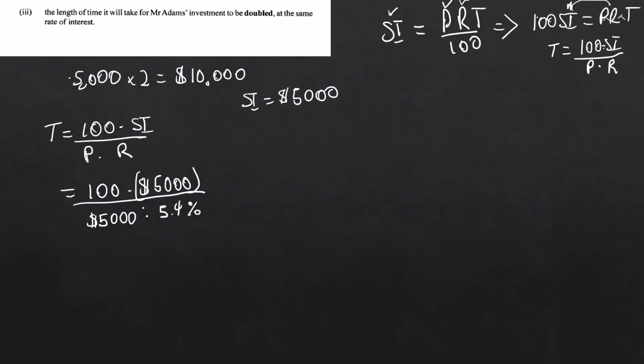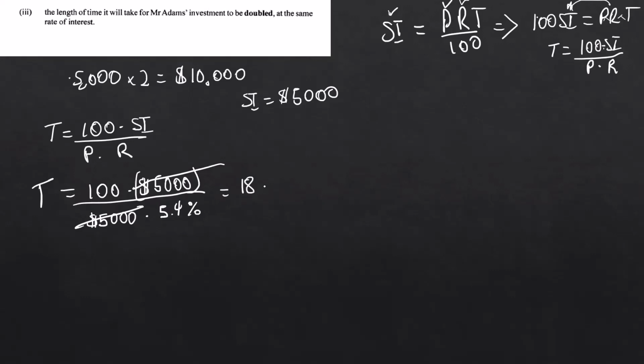So multiplying 5,000 and dividing 5,000, the 5,000 will just go out. That's simple math. And so we could just do the 100 divided by 5.4. Let's see what we get. 18.5. And what do you think the unit is?